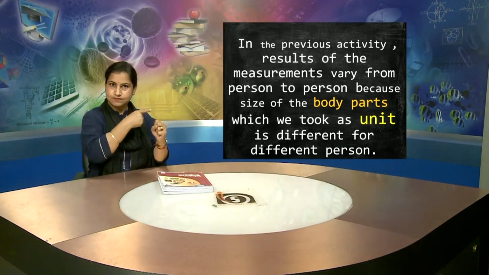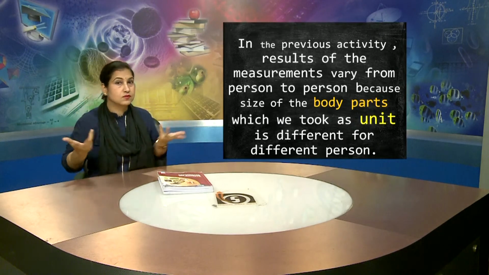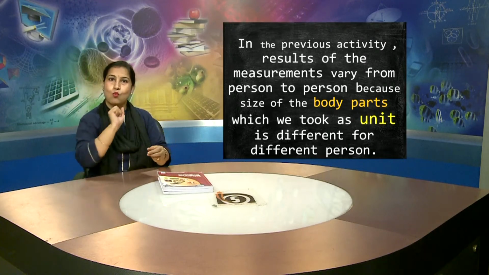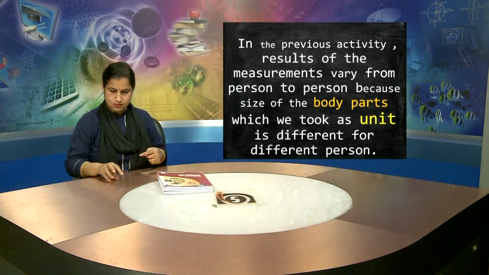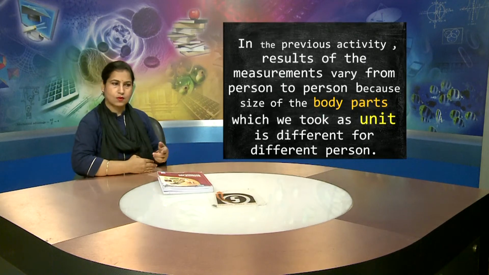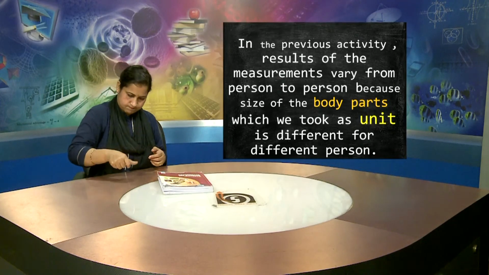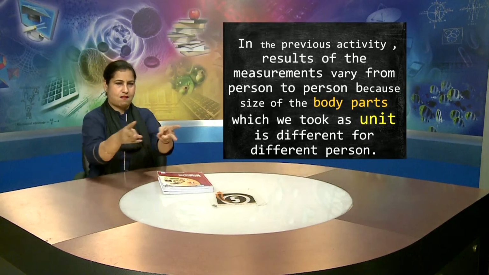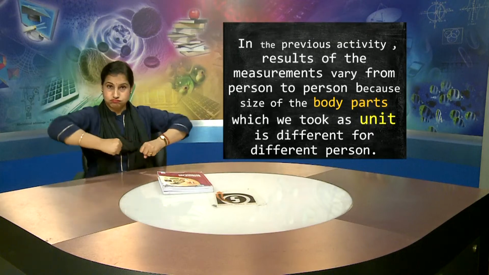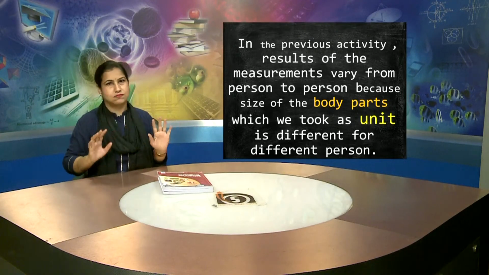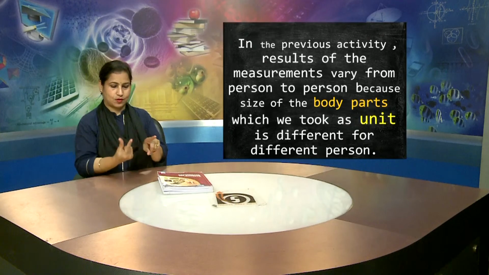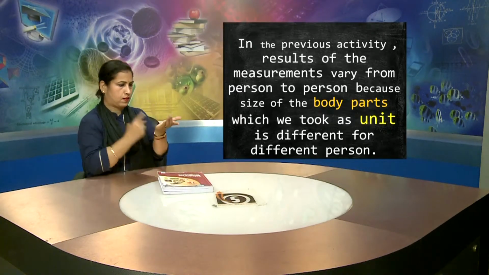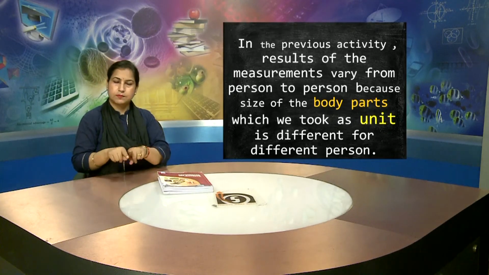In the previous activity, results of the measurements vary from person to person because the size of the body parts which we took as unit is different for different persons.